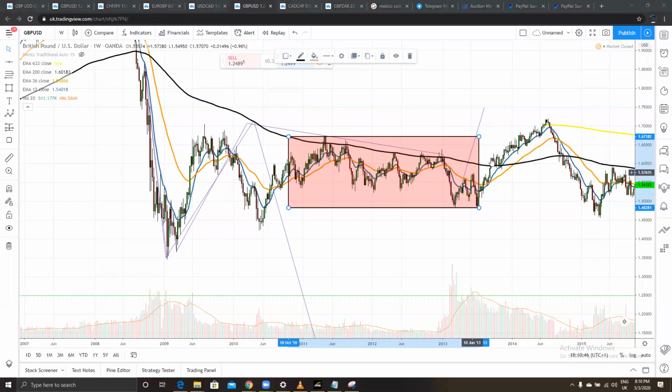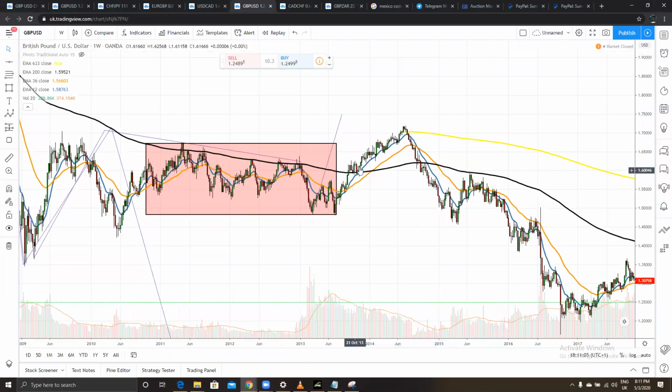Whereby price moves above the 200 EMA and starts to use the 200 EMA for some kind of support, that is the time where the longer term trend, which is the longer term downtrend, would have now changed and start looking towards the upside. All right. And if you remember what I said, when that longer term buy starts to look to the upside, the 633 EMA will always be there at a point in time to show you that we have overextended.